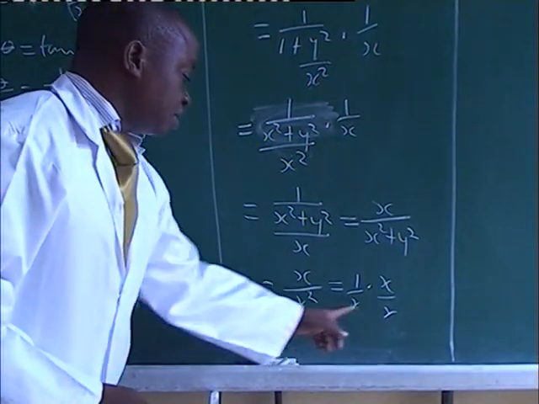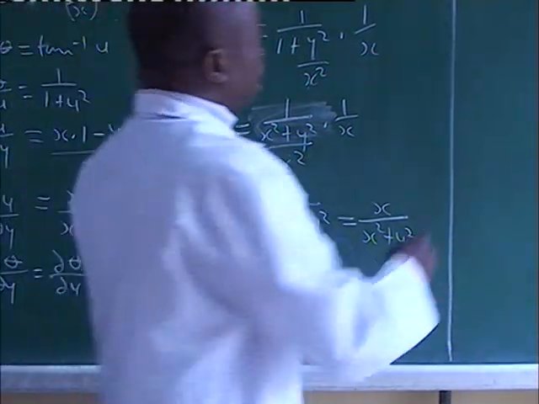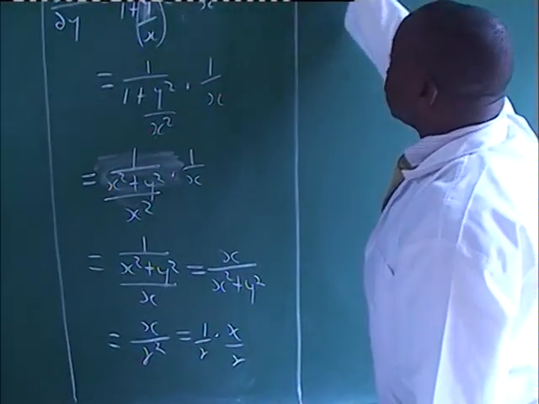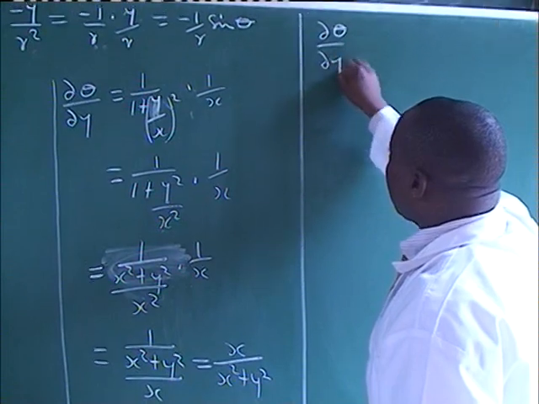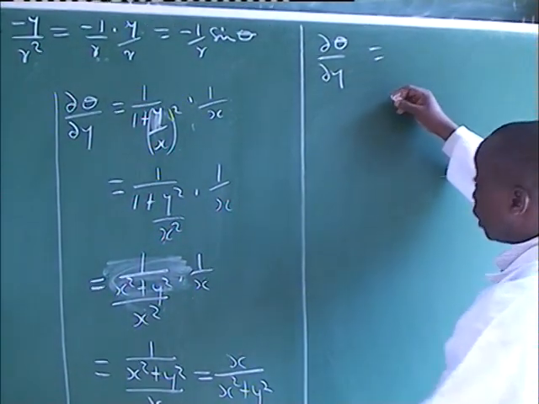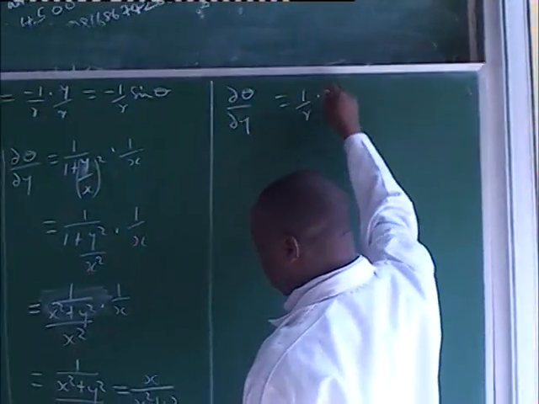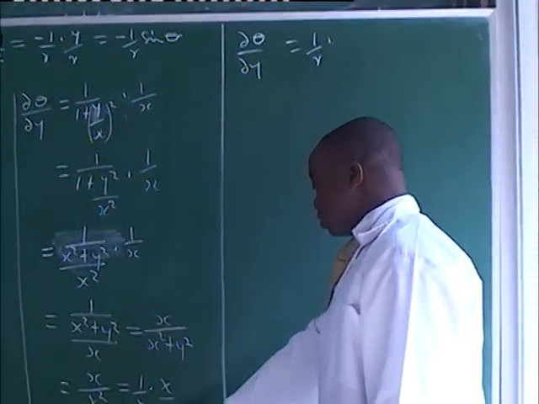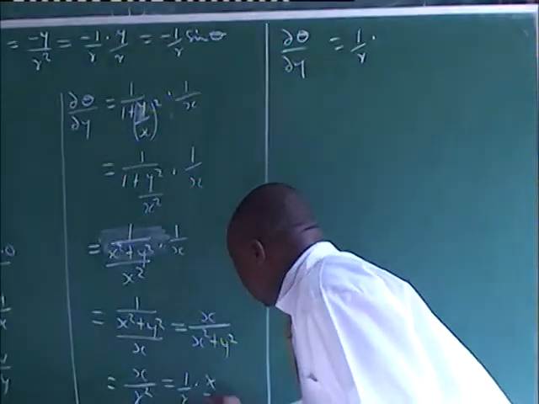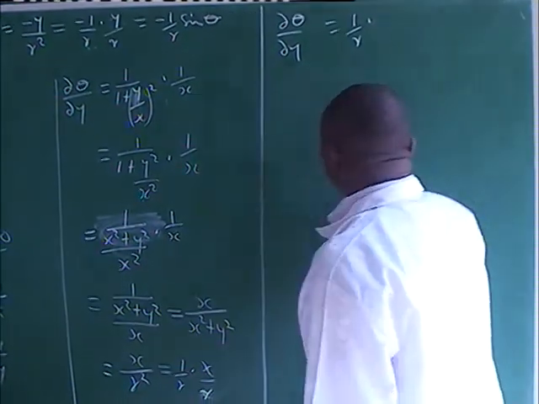It means that partial theta partial y will be the same as 1 all over r times, we know x over r to be what?